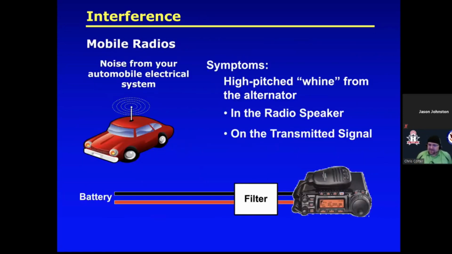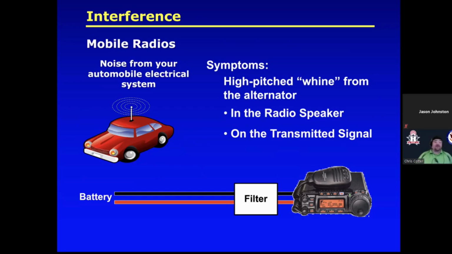Some of the interference that you may experience with your car is, if your car doesn't have a very good ground, you might hear noise from your electrical system. Oftentimes it's a whine that will get higher and lower depending on the RPM of your car. You might hear it in your speaker.